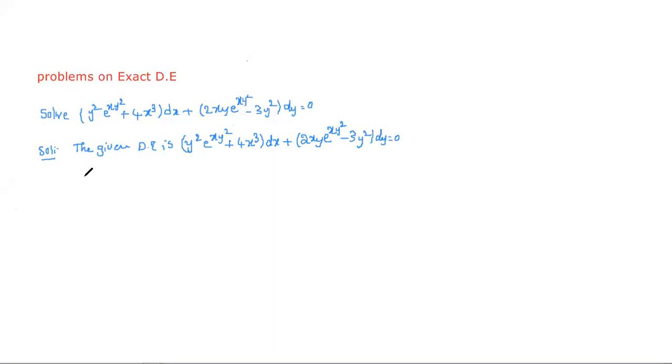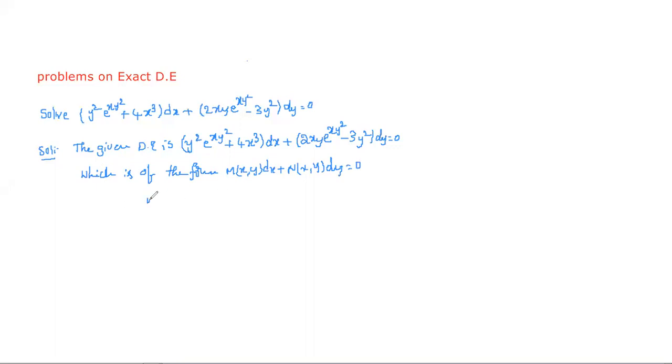So what is the first step? The given differential equation is this, and next we need to write that it is of the form M(x,y) dx plus N(x,y) dy is equal to 0.